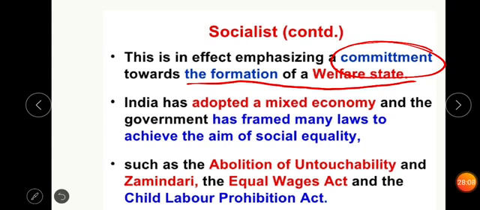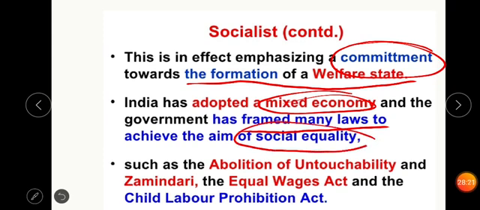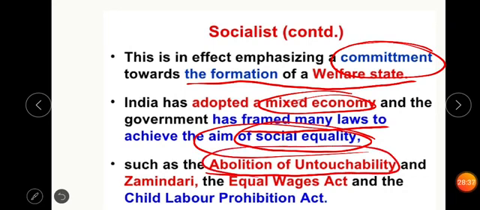India has adopted a mixed economy. If someone asks you which economy India adopted, it is the mixed economy. The government has framed many laws to achieve the aim of social equality, which is very important. Many measures are made to bring equality in society, such as the abolition of untouchability, which is about social equality, and the abolition of Zamindari, the Equal Wages Act and the Child Labor Prohibition Act.